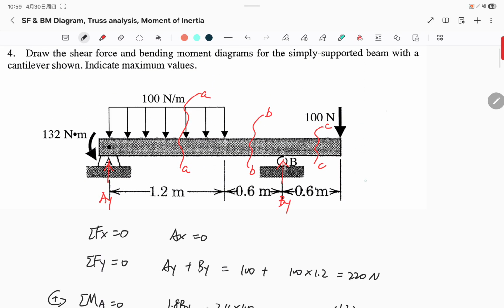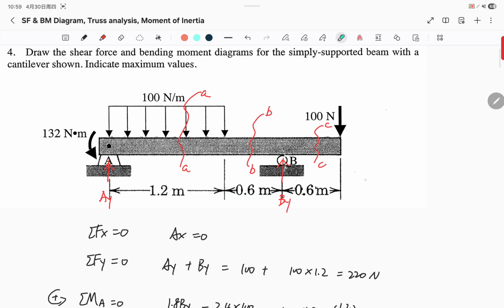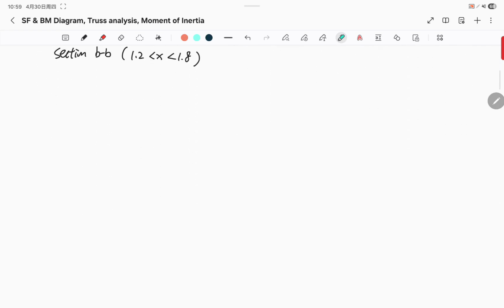We have a given moment. We have the distributed load. We have AY, and we have this distance, which is no longer a variable, it's a fixed distance because our BB is here. It's more than 1.2. So let's draw it.